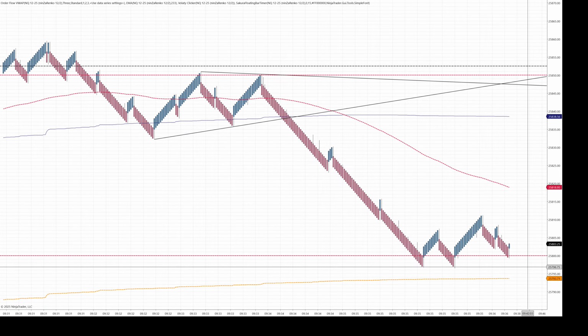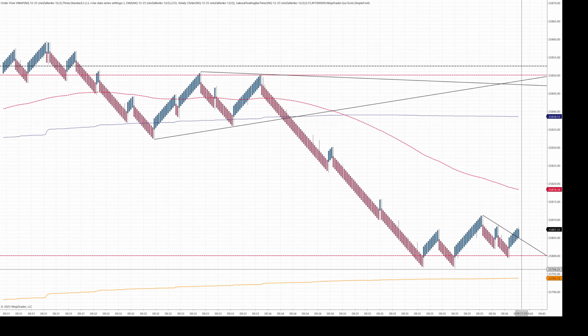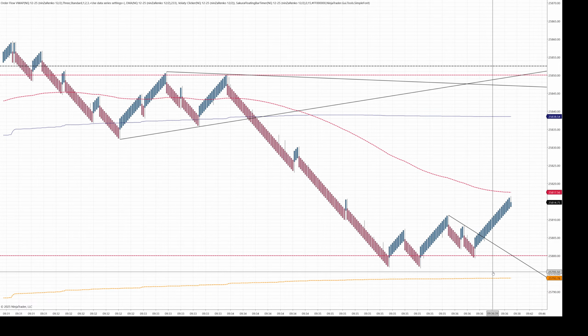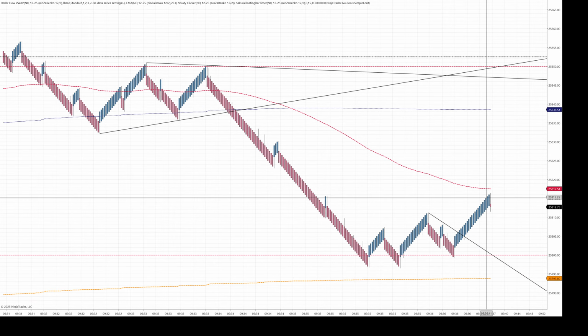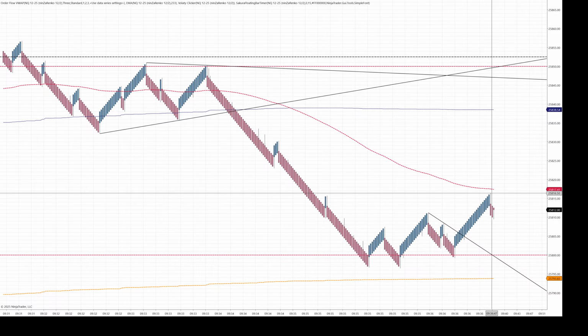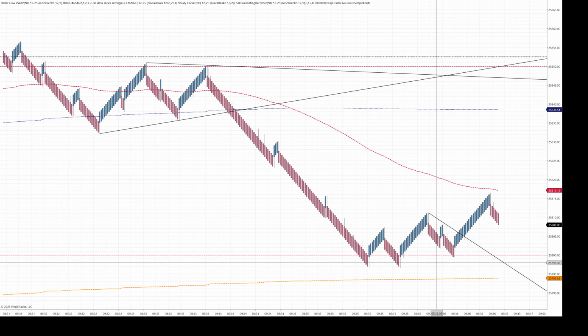I'm not going to take this reversal again because we have this downward trend line right there. And this would be a potential reversal area up there to go back down, but I wanted it to touch the T line before we come back down here.